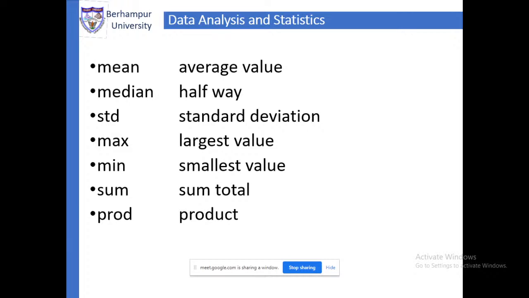Max is the largest value, min is the smallest value, sum is the sum total of all values, product is the multiplication of each value. So these are certain functions available in MATLAB which we can use as per our requirement when we start programming.